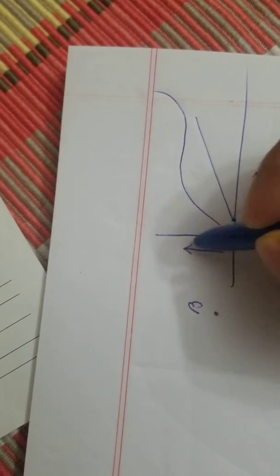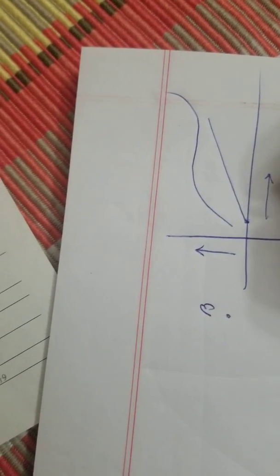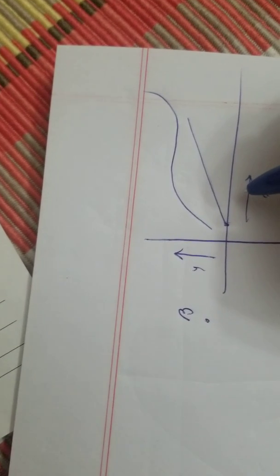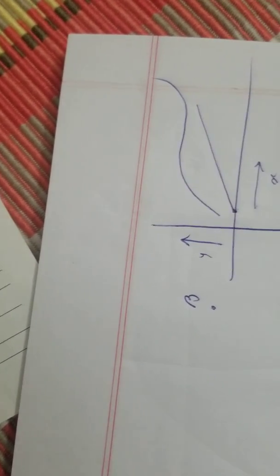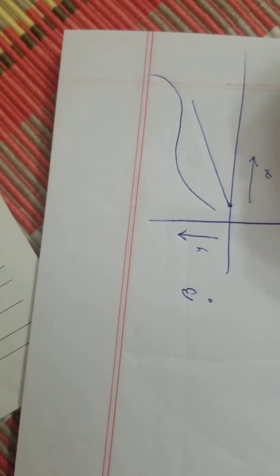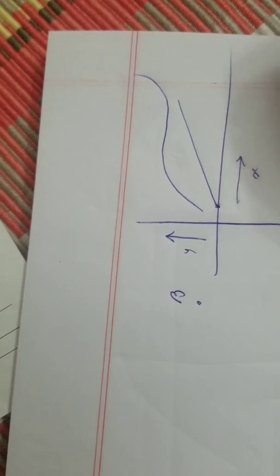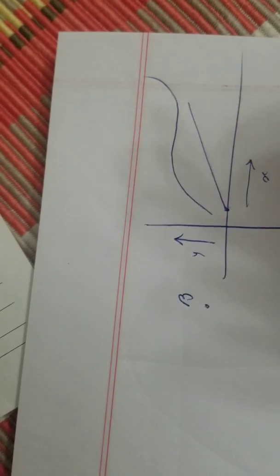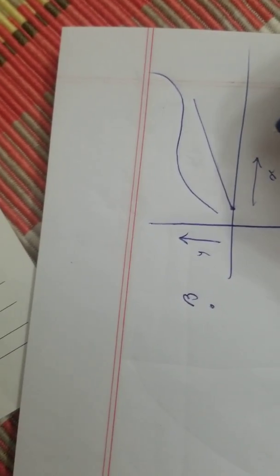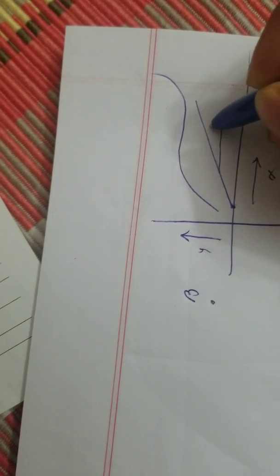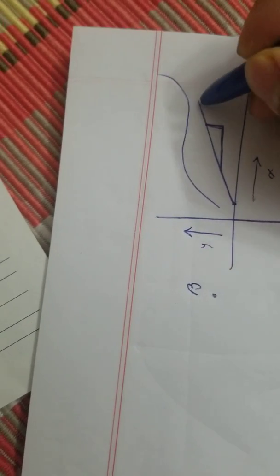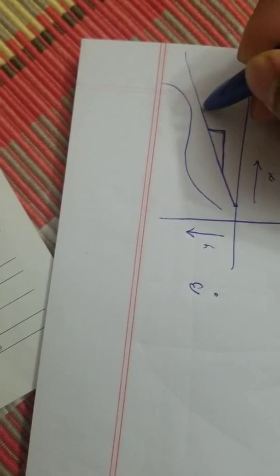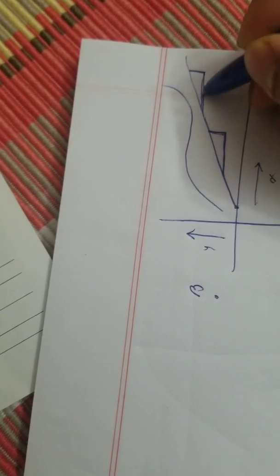For every point in x, the y value changes equally, at a certain rate. And the slope is just this. So for this linear curve, no matter where you take the slope, it's always going to be the same.